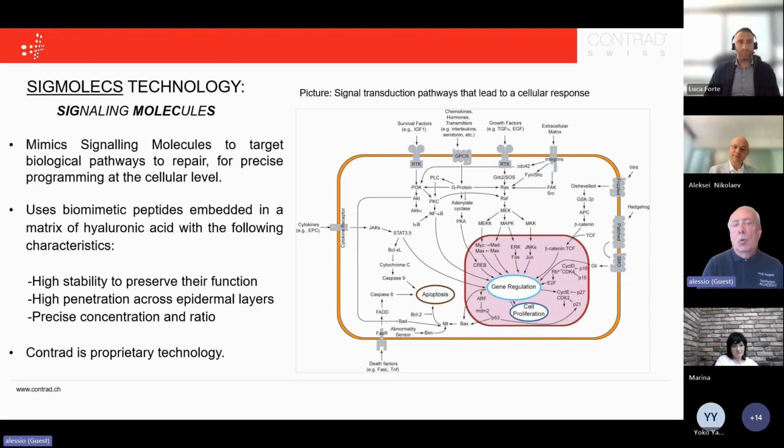And so here arrives what we are speaking about today, what we tried to use in our scientific studies, the Sigmolecs technology that is derived from signaling molecules and can send some particular signals to the target biological pathways of repair, and uses biomimetic peptides that are in the matrix of hyaluronic acid that give some particular characteristics that mainly are high stability and penetration across the epidermal layer.